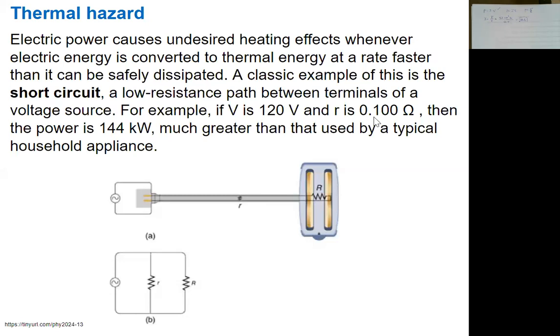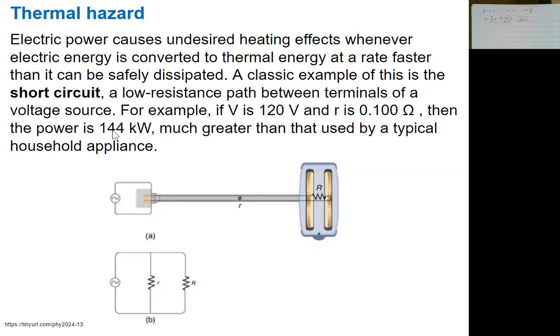So for the given 120 volts over this very small resistance, typically in the tens of ohms or even 0.1 ohms, you can imagine there will be 1200 amps of current going through here. Then V times I gives you 144,000 watts.